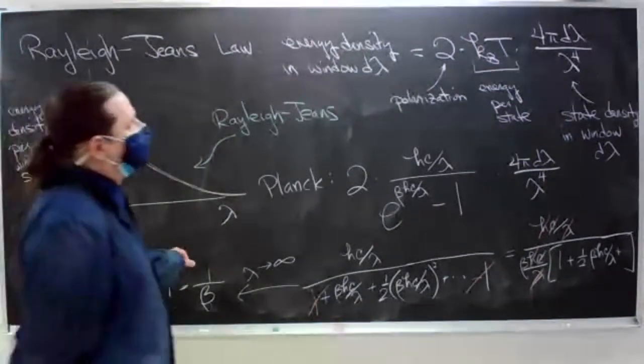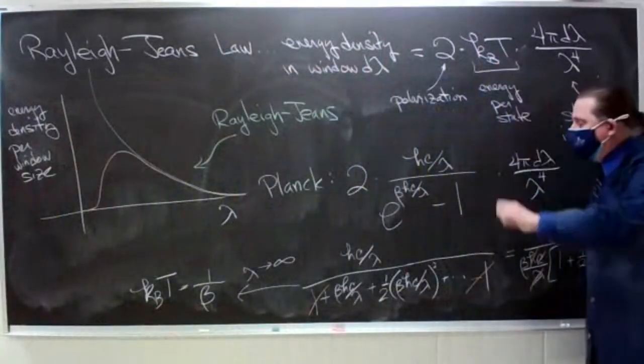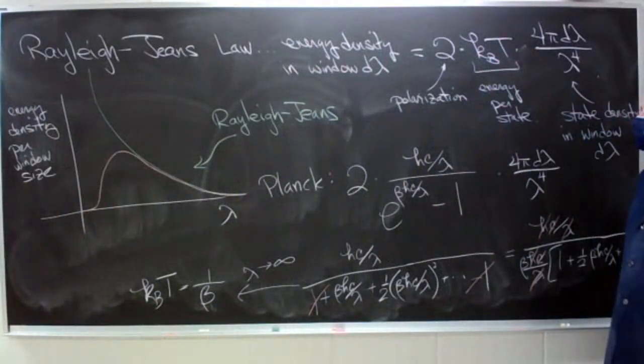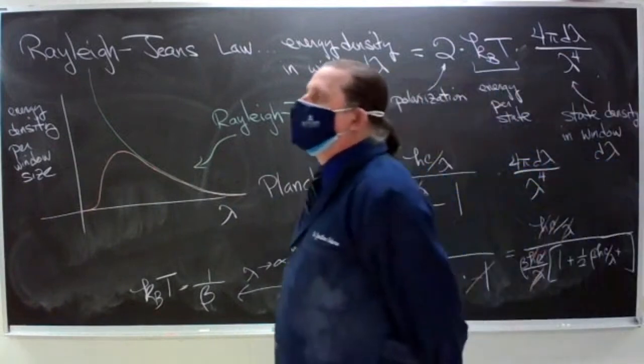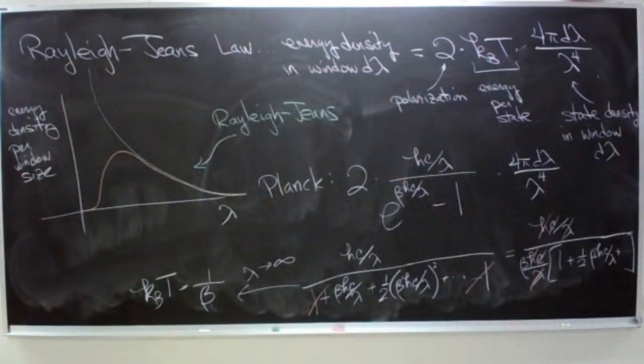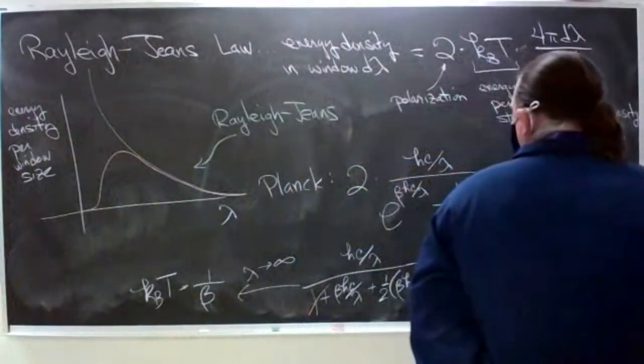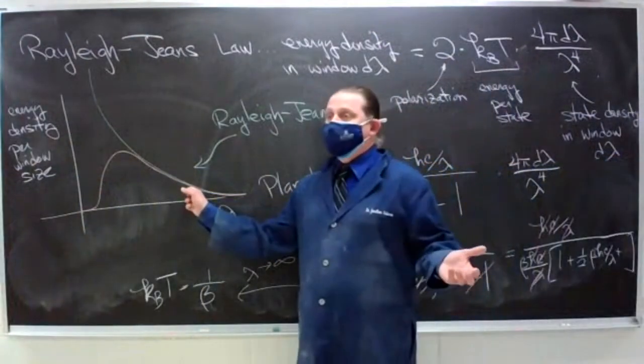And that's exactly what it is in the Rayleigh-Jeans law. So this has the correct behavior as lambda tends to infinity. That is experimentally verified.